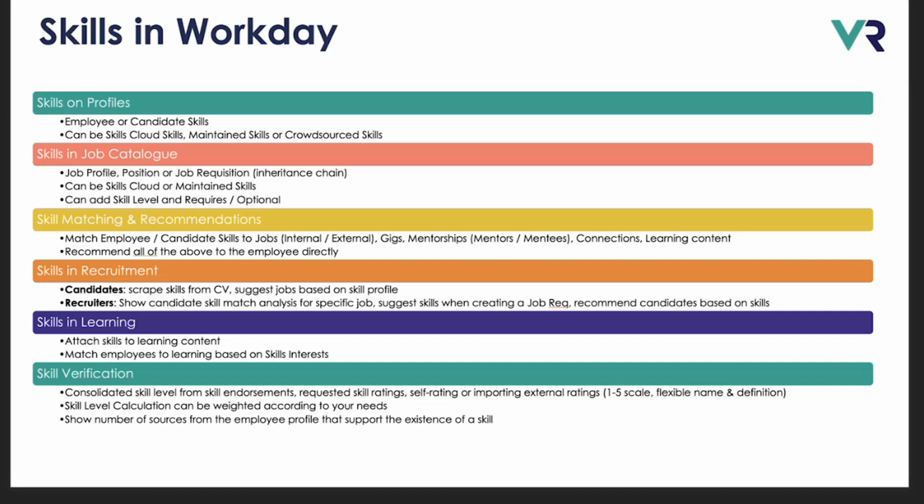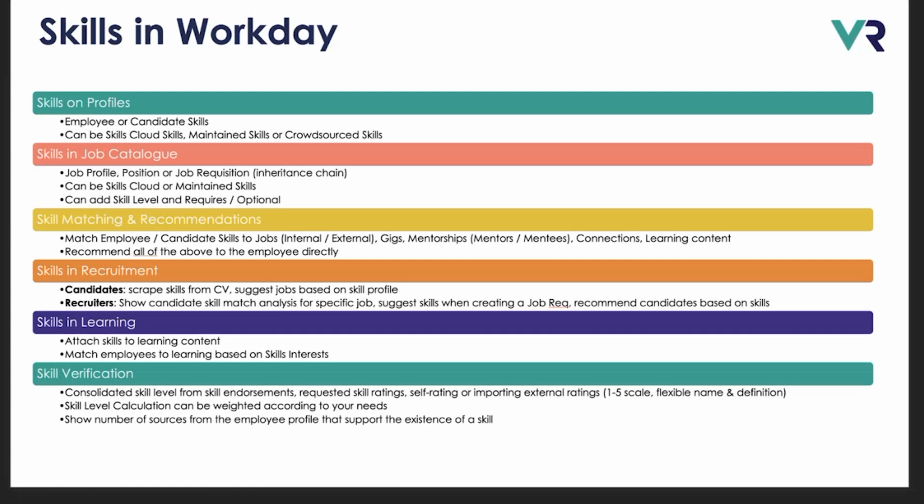As we said before, those can only be Skills Cloud or maintained skills. Workday has been working a lot in this area, so they keep introducing new features. For example, for skills and job catalog, you can add levels now, and you can also make those skills required or make them optional.